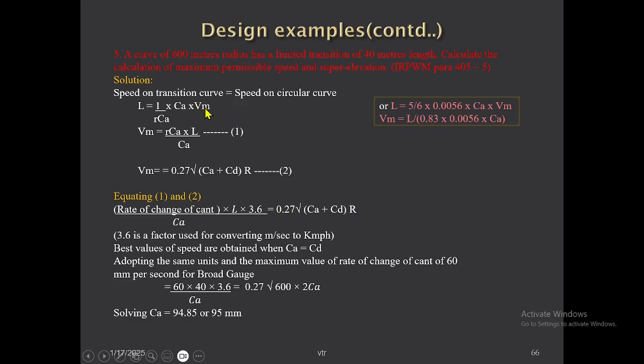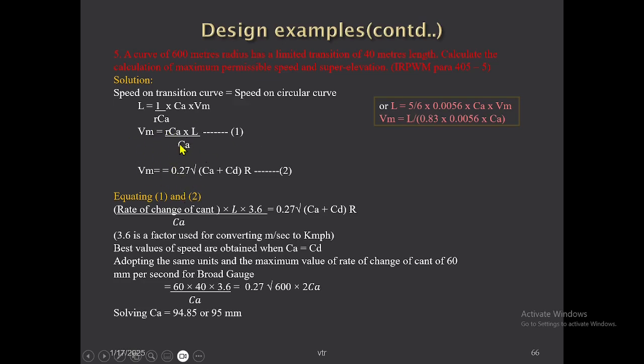But in the manual, the illustration is given like this. They use the direct formula, L equal to 1 by rate of change of Cant actual into Ca into Vm. Rewriting, Vm equal to rate of change of Cant actual into L by Ca, from this equation. So here they are equating these two equations.